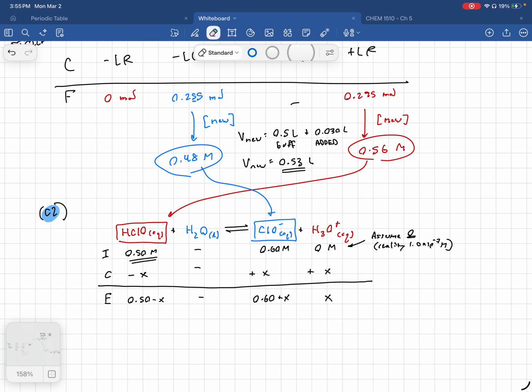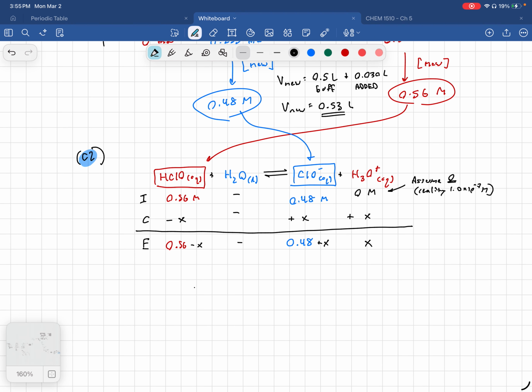Okay, so again, we're going to make all the same assumptions that we did before, only now we've got these new concentrations. So 0.56 moles per liter, so 0.56 minus x, and then over here, 0.48 moles per liter, and 0.48. Okay? All right. So again, K, 2.9 times 10 to the negative 8th.